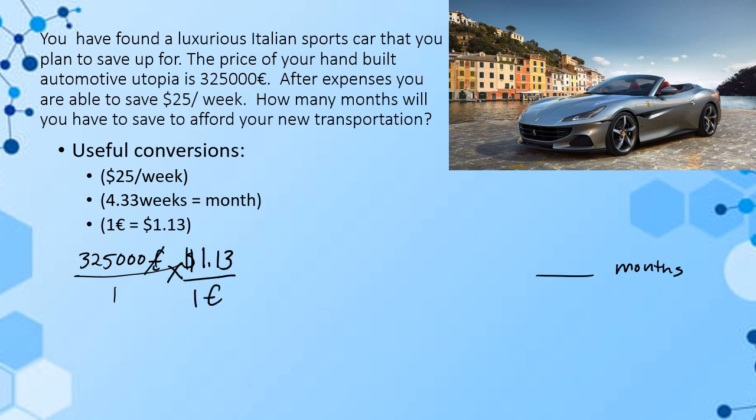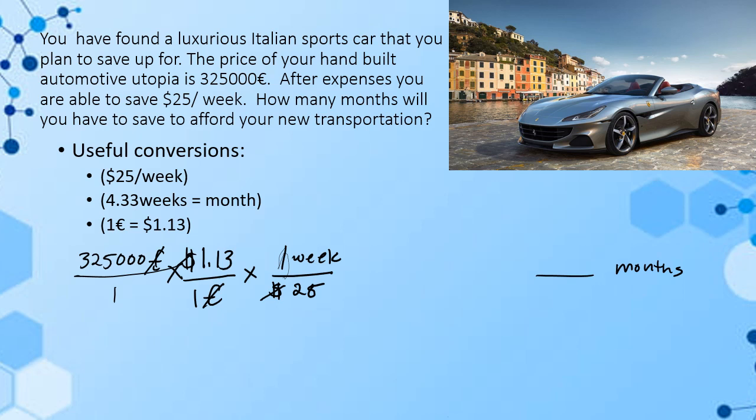This will cancel out my euros for me. I can also put 1 week gives me $25, which would cancel my dollars for me and just leave me with weeks.